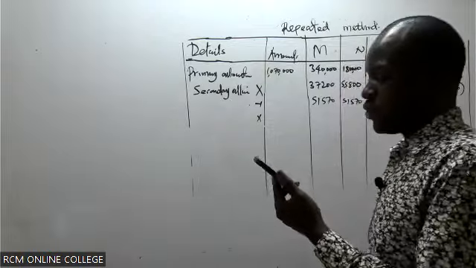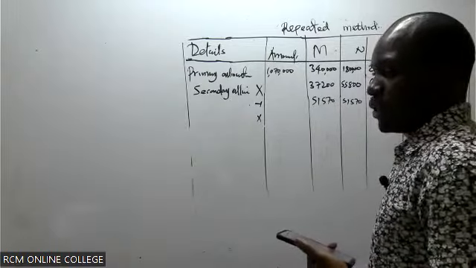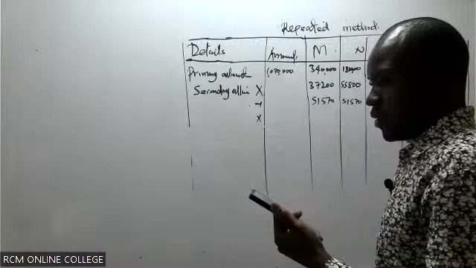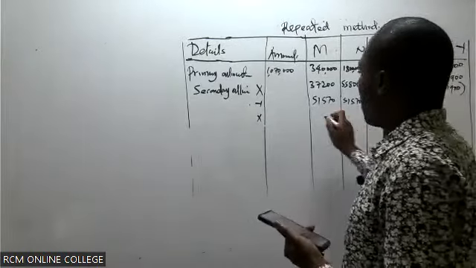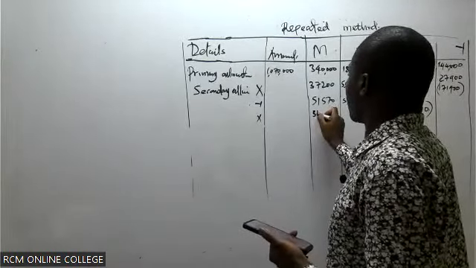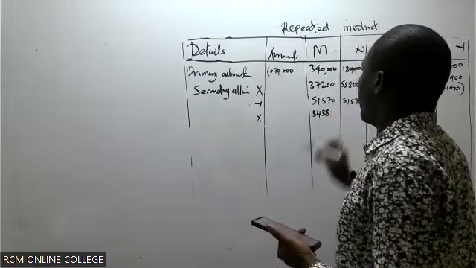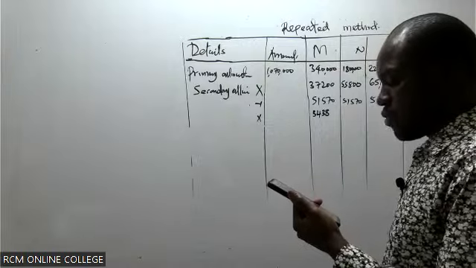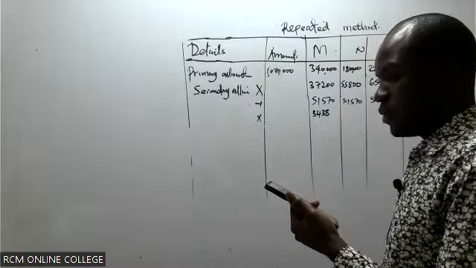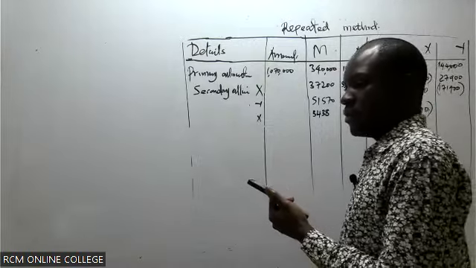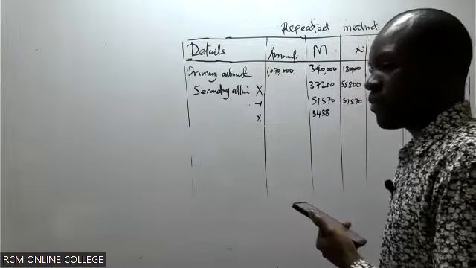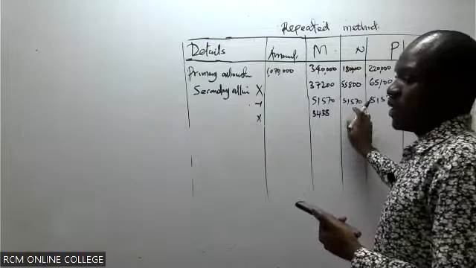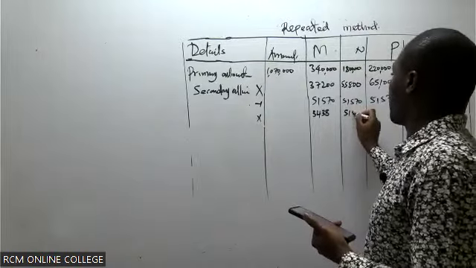Sasa tupeane 20% of this. Tunapata ngapi? 20% of that tunapata ngapi? Give us 34,38. Then N will receive 30%. 30% itakuwa ngapi? 30% ya hii itakuwa ngapi hapa? 51,57.